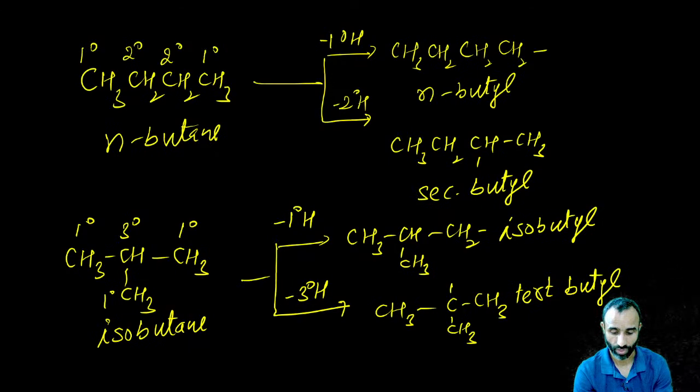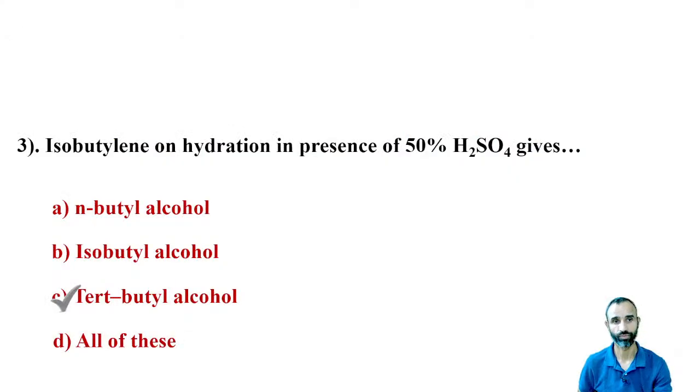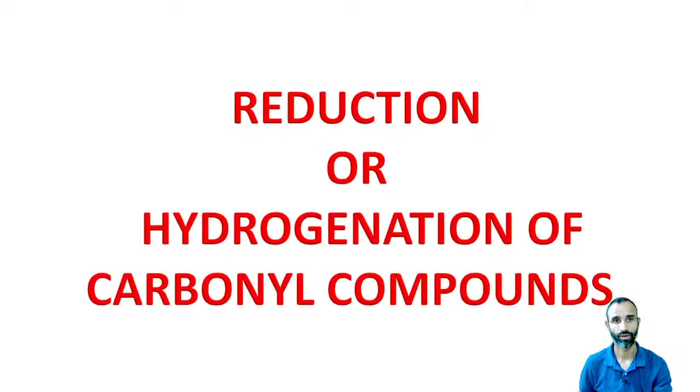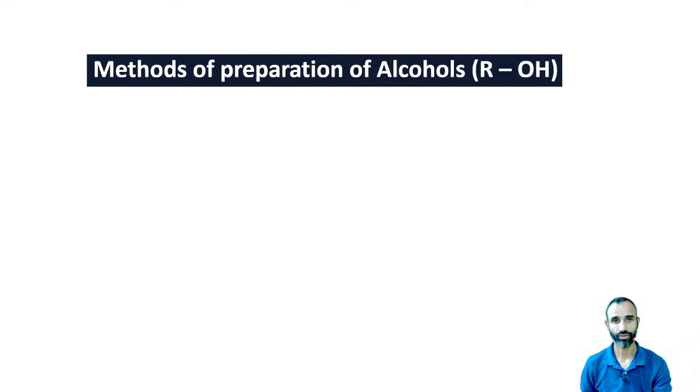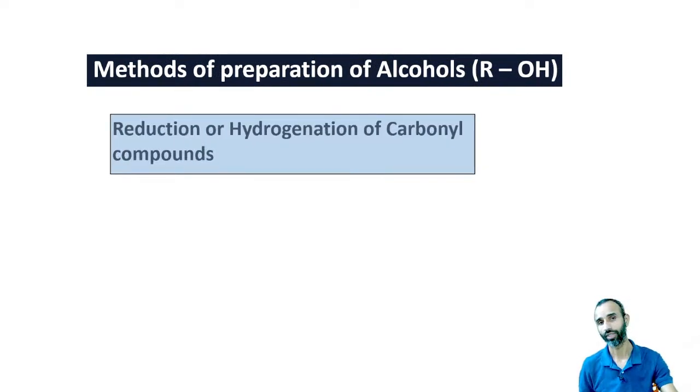Okay. Now next is reduction. So first, in methods of preparation of alcohols, is reduction of carbonyl compounds.